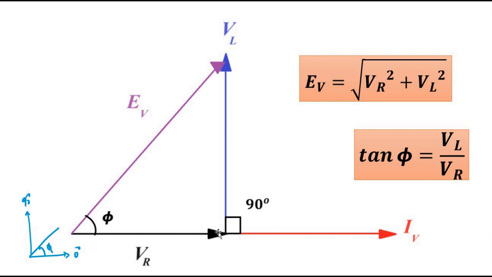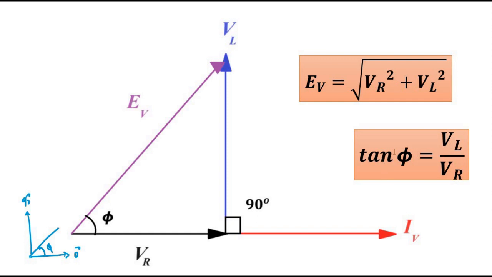So here the net EMF is the resultant of these two phasor representations. So it is the square root of VR square plus VL square, the voltage drop across the resistor and the voltage drop across the inductor. Now if you want to calculate the phase angle, you can use any trigonometric ratio, sine, cos, tan.